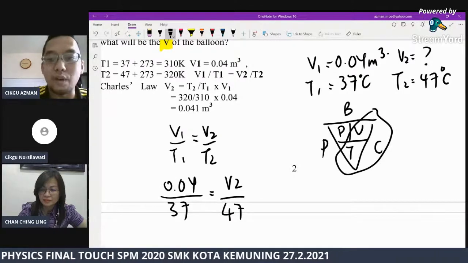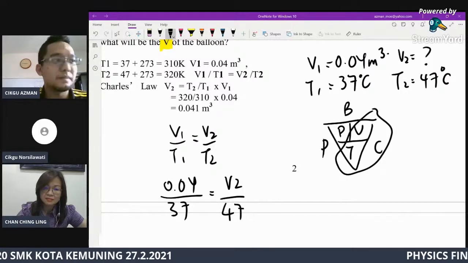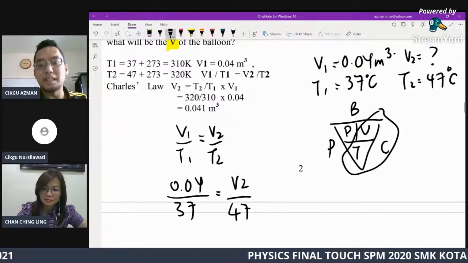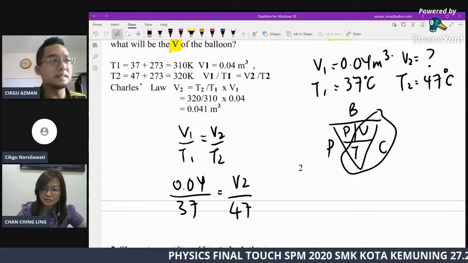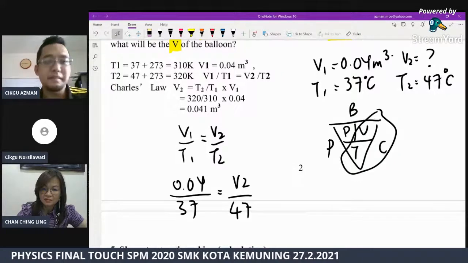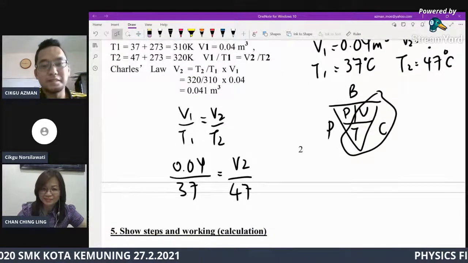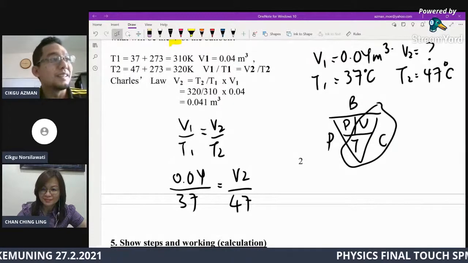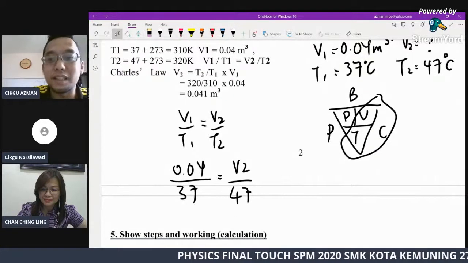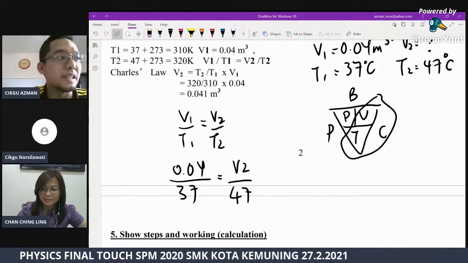Suddenly answer salah. Why? Kenapa salah ni? Apa mistake yang cikgu buat kat sini? Siapa komen? Haris. Because cikgu tak convert degree Celsius to Kelvin.